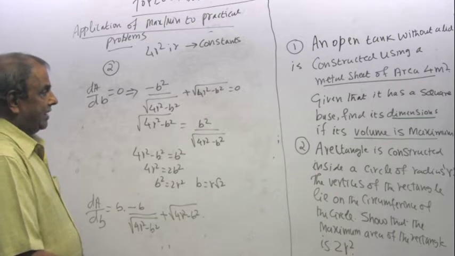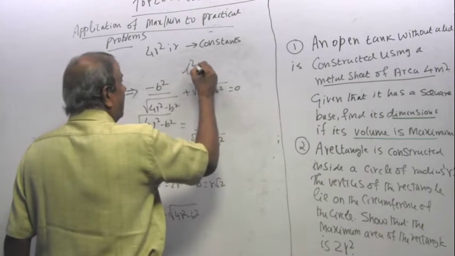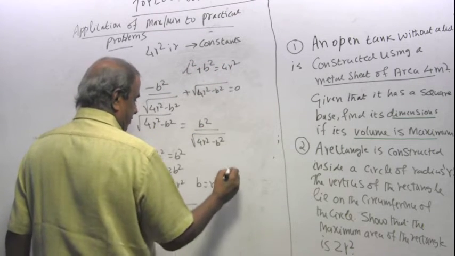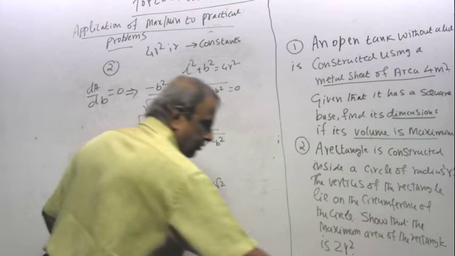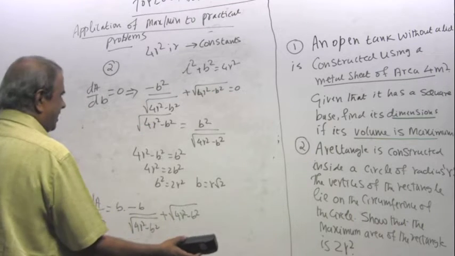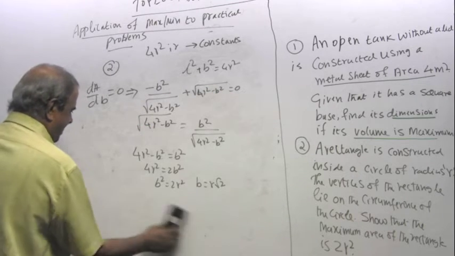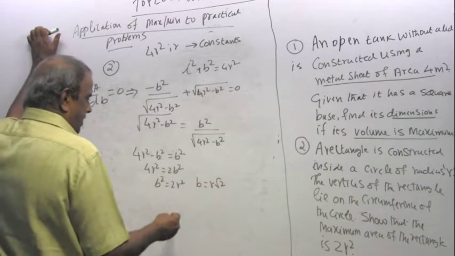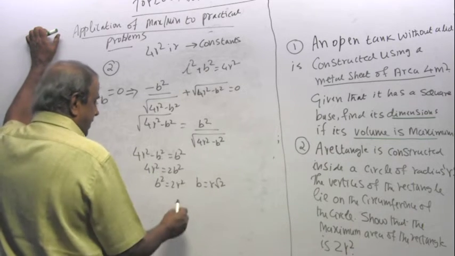I need to find L. Remember, I have L squared plus B squared equal to 4r squared. So, what is L? I can rub this off. You might be wondering, sir, why are you doing this? Because I need to find the dimensions, otherwise I can't find the area. Of course, I could use the formula, but this will be easier.